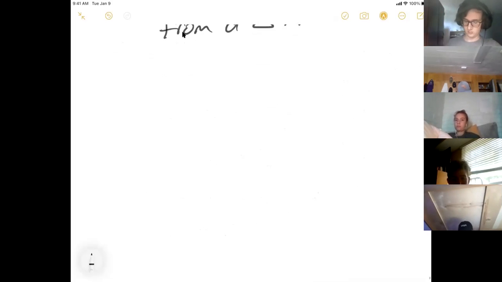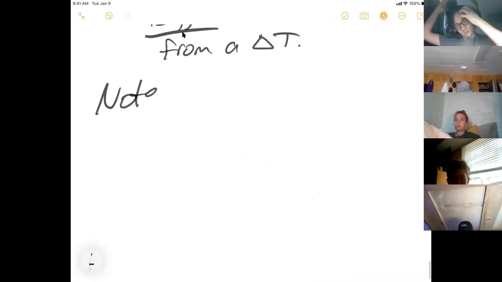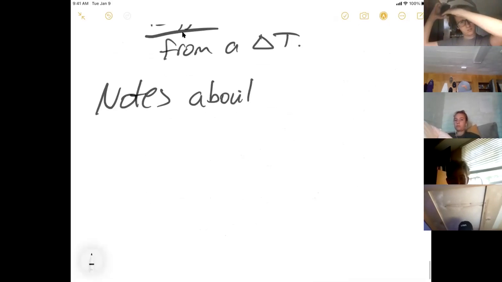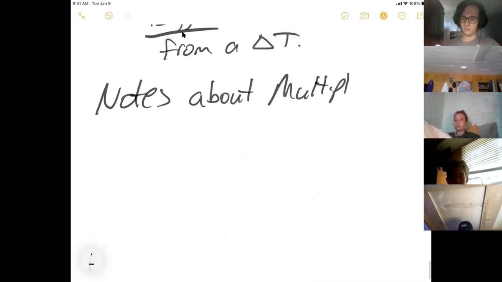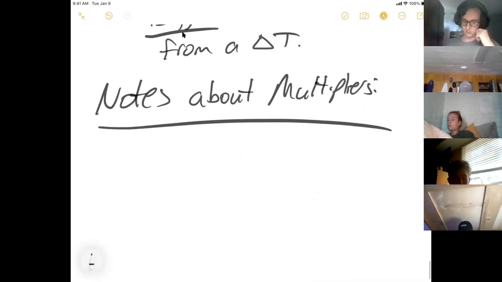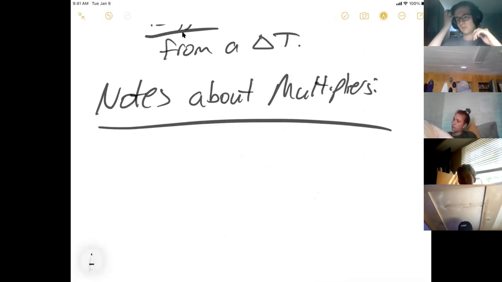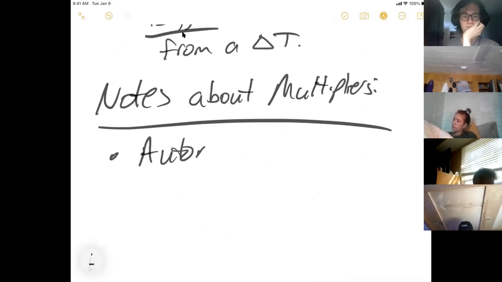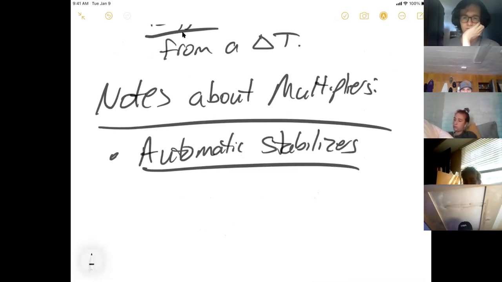Okay, let's think a little bit more deeply about multipliers. When we talk about multipliers, one of the things to recognize is that many government programs serve as automatic stabilizers.